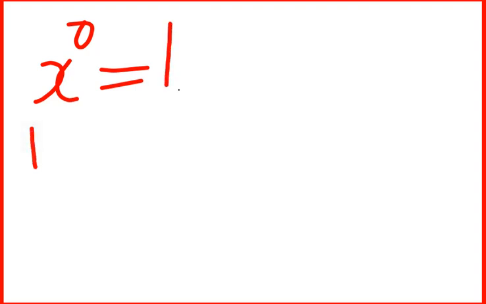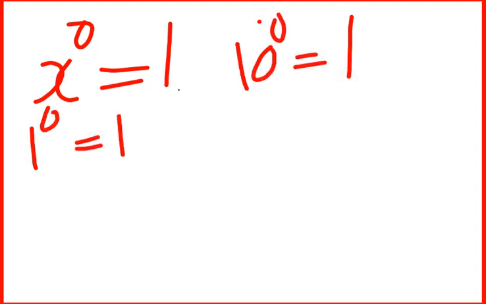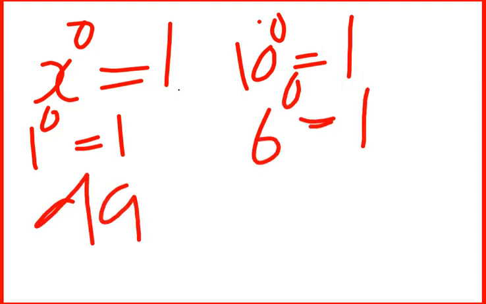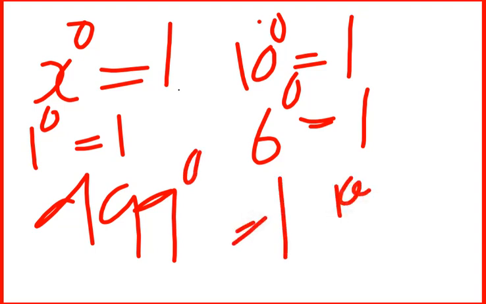Meaning 1 to the power of 0 is 1, 10 to the power of 0 is 1, 6 to the power of 0 is 1, 999 to the power of 0 is 1, 1 million to the power of 0 is 1. Anything to the power of 0 is 1.